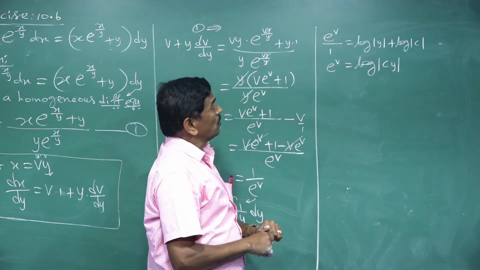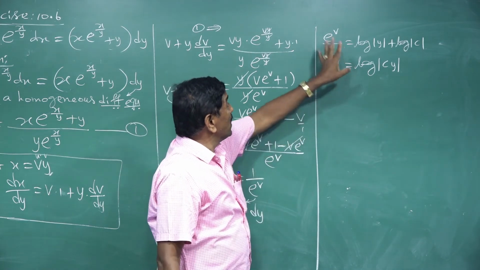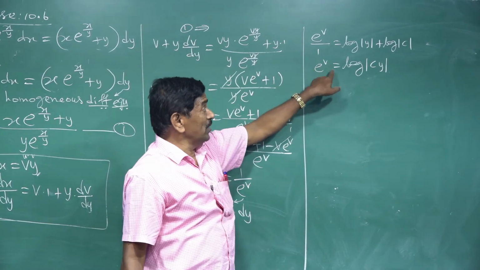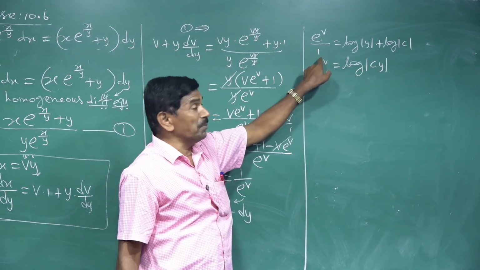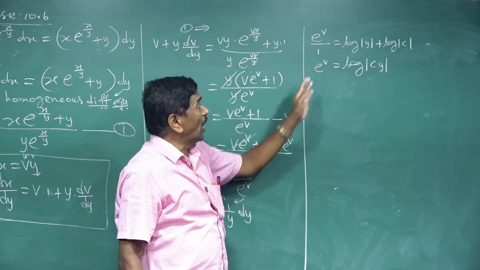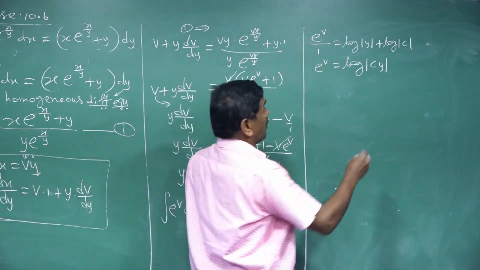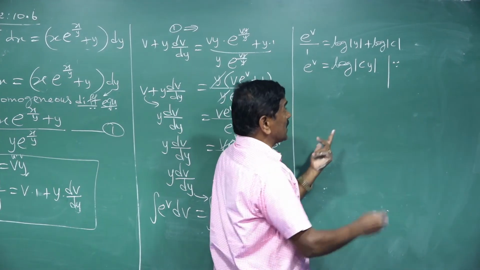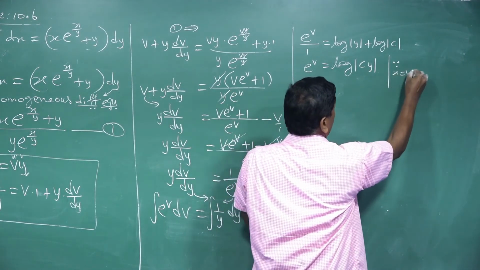Now the given question has variables x and y, but now v is there, so v should be eliminated because v is the substituted variable in the middle. How to eliminate it? Refer to the start: we initially substituted x equal to vy.